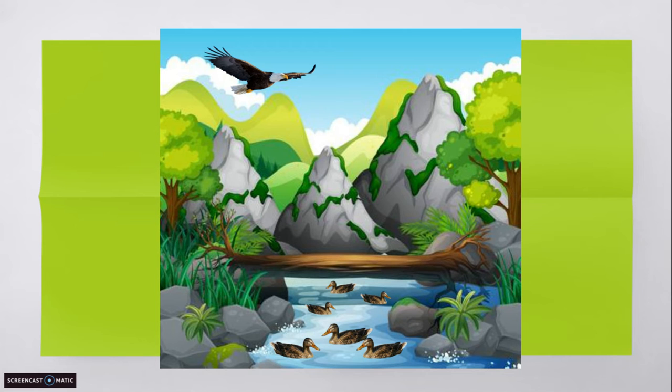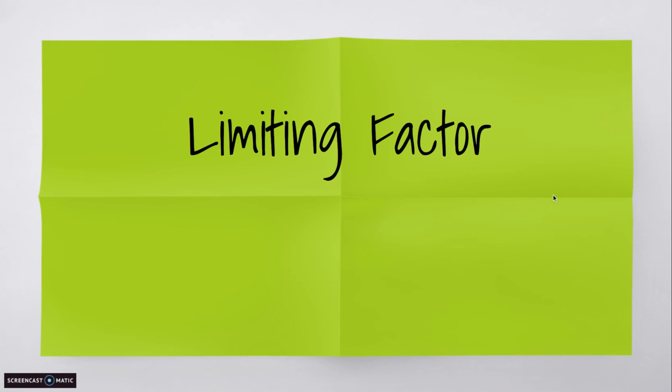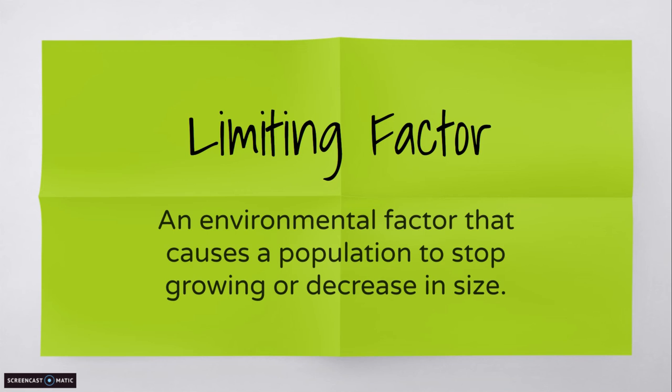Eventually, though, there's something in the environment that's going to halt or stop that population growth. It could be more predators or not enough food, or not enough space. And what those things are called are limiting factors. Limiting factors are environmental factors that cause a population to stop growing or even decrease in size.